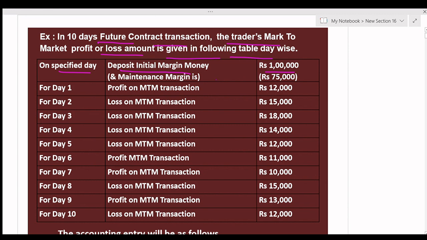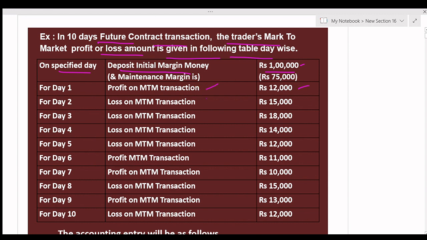Every participant, buyer and seller, brings the initial margin specified by the exchange before getting entry into future trading. So here the initial margin amount is 1 lakh. Both buyer and seller will deposit this amount on a specified day before being allowed into the future trade. Day 1, the profit of the MTM transaction is 12,000.